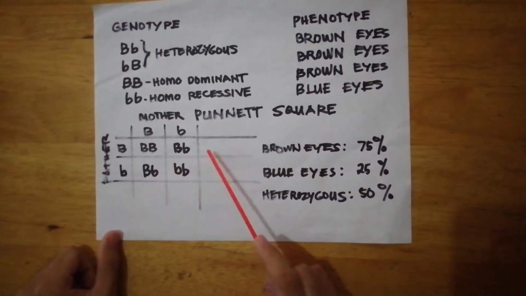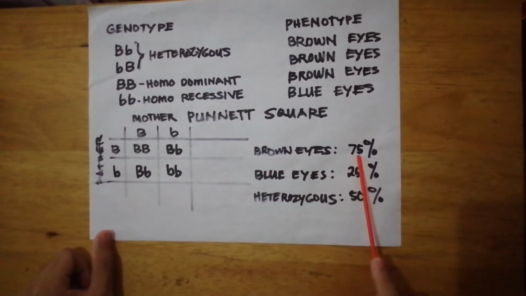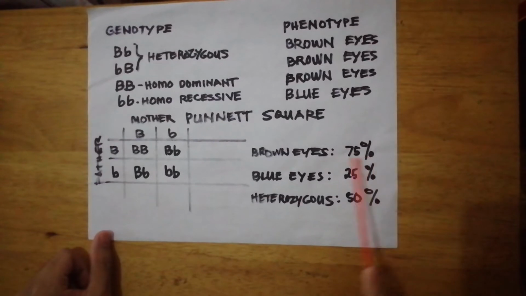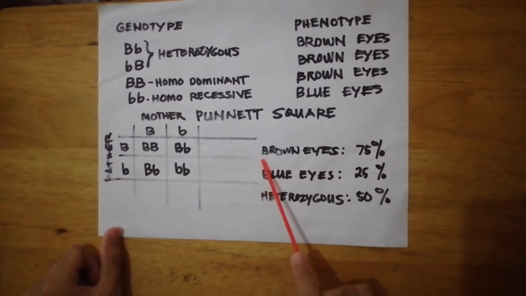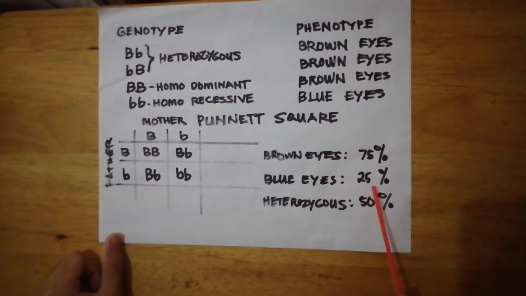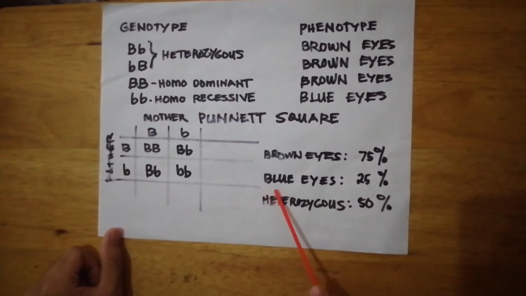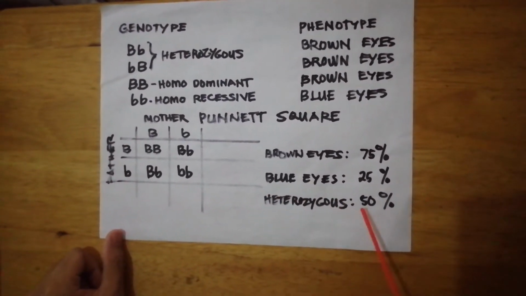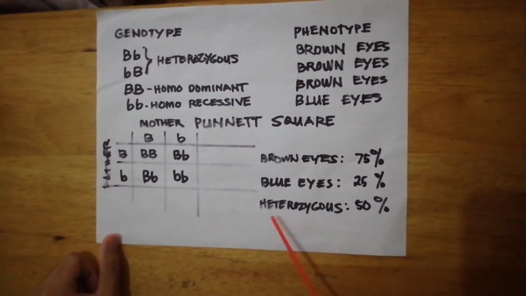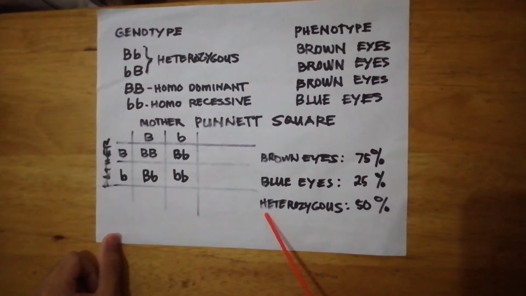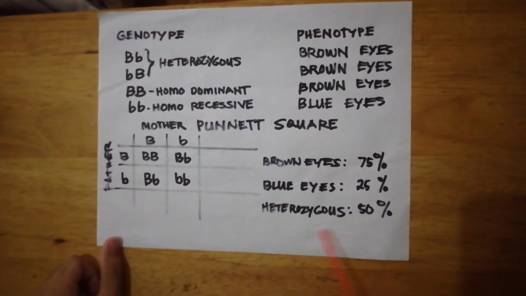From this Punnett Square, we can conclude that there is a 75%, or 3 out of 4, chance that their child will have brown eyes, and a 25%, or 1 out of 4, chance that their child will have blue eyes, and 50%, or 2 out of 4, that their child will be heterozygous.